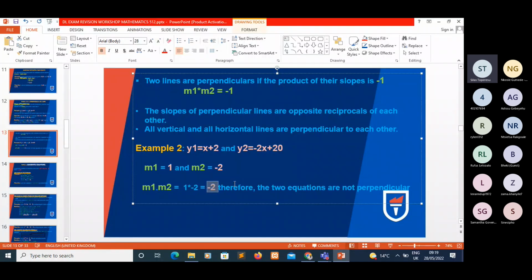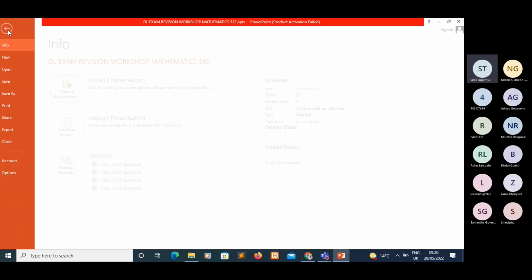If the result is not -1, they are not perpendicular. If the result is equal to -1, they are perpendicular. I hope I'm clear on that. Let me retain the one that was there so that it will be clear when I share the slide. That's how you determine whether two equations are perpendicular.